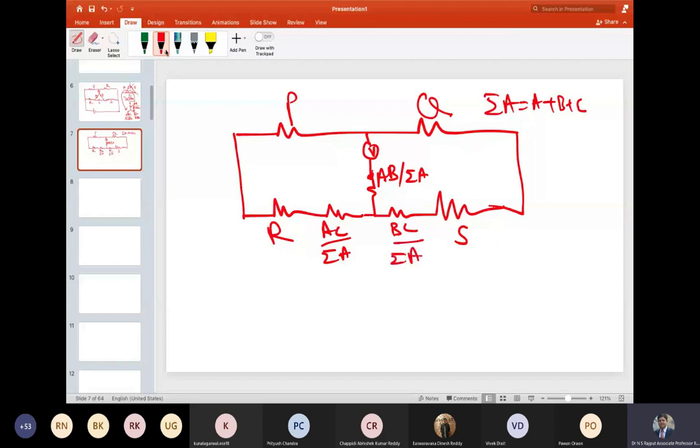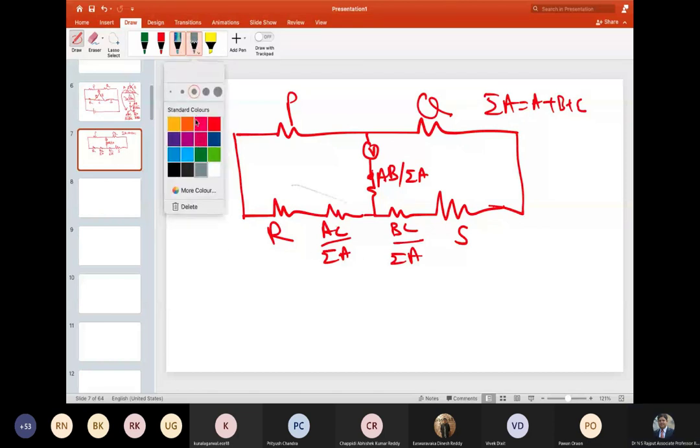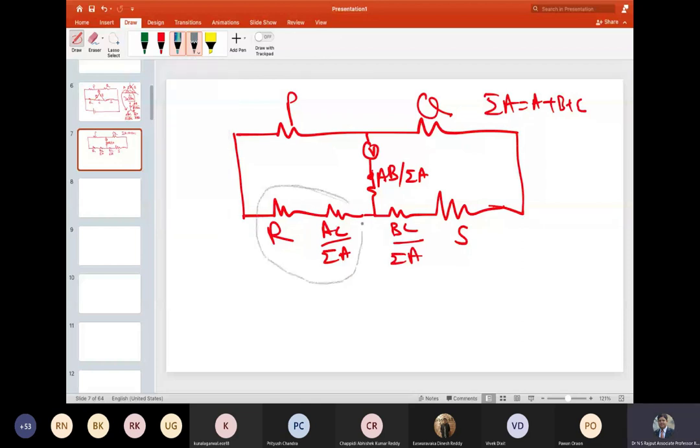So here you see that this part and this part, now they are added together, right? So creating a similar kind of bridge as Wheatstone did. However, in Wheatstone's case, these were high values or middle values.